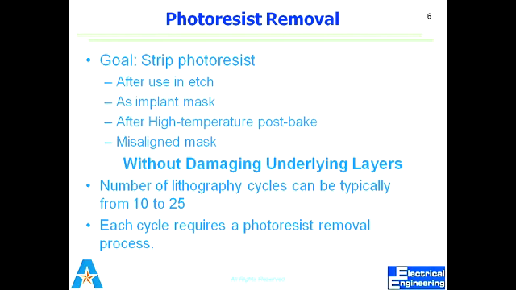So on the same silicon wafer, you spin photoresist again and again and develop it. That is one cycle, on the same substrate. You cannot do it unlimited times, but you can do it 10 to 25 times.